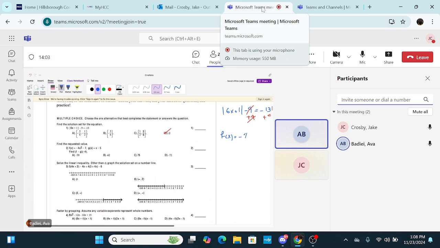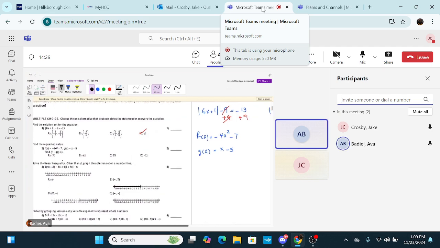So for number 2, we have f of x equals negative 4x squared minus 7. G of x is going to be x minus 5. All right, what is the question asking us to do? It's asking us to find f minus g, and then it says find f minus g for negative 4.